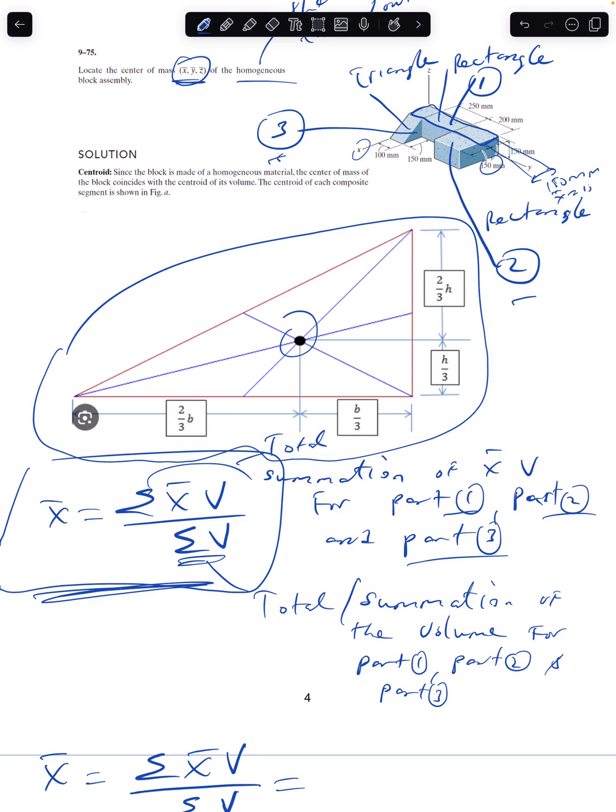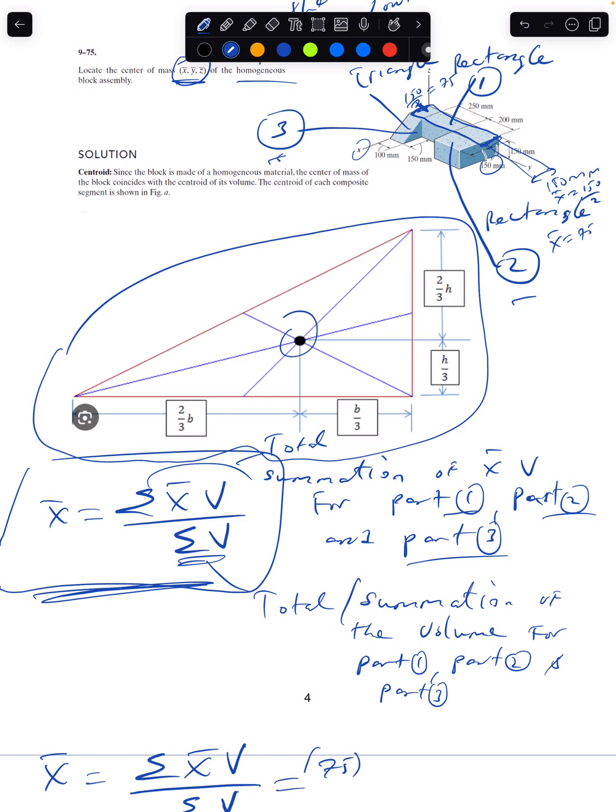X bar is equal to 150 divided by 2. And therefore, x bar is equal to 75 for this rectangle. That is, the x bar lies in this center, at this distance, which is 150 divided by 2, which is 75.